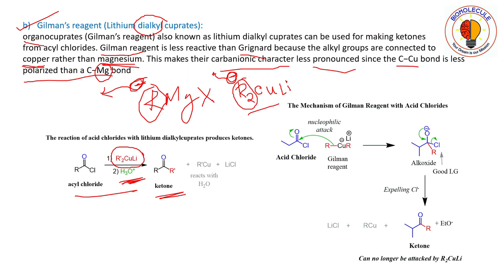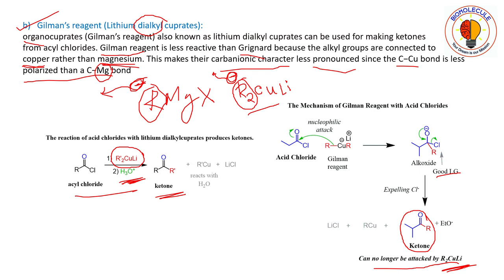Now oxygen will bear a negative charge and it will backfire and chloride will leave as it is a good leaving group. Okay, so we are ending up with a ketone. Now this ketone can no longer be attacked by Gilman reagent as it is a milder reagent. It is less reactive than Grignard.